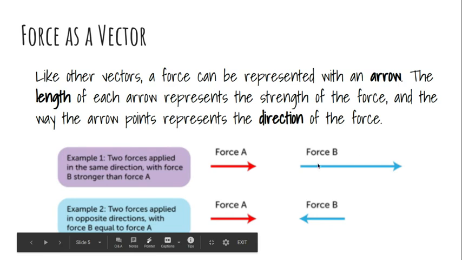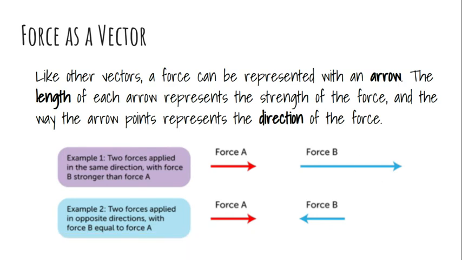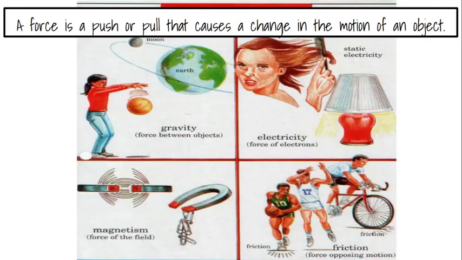So these arrows are going to come in handy when we look at diagrams of different forces interacting on objects later on. But this is just an overview of some important things that we need to know about forces so far. Okay, so again, to recap, forces are a push or a pull. They can be obvious forces, like if a person touches something, or it could be almost invisible forces that we don't necessarily see.